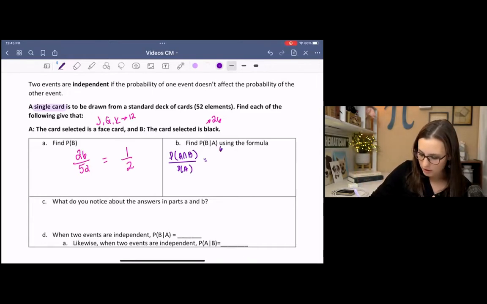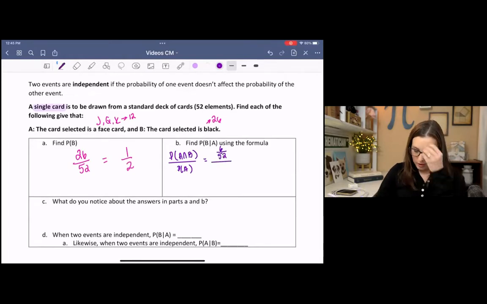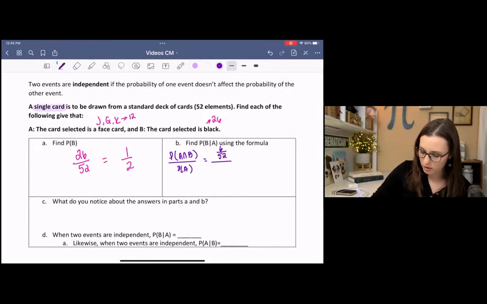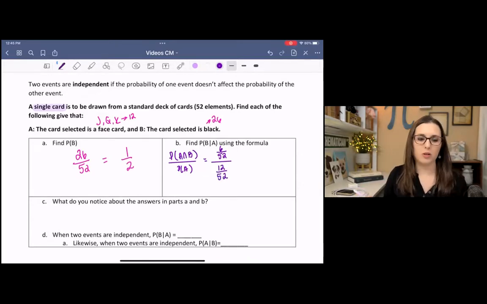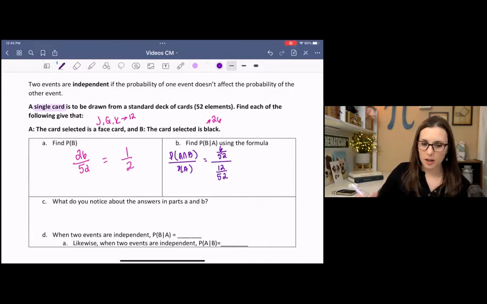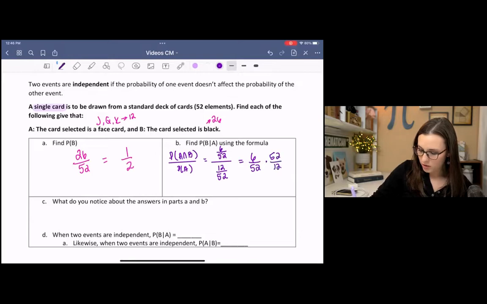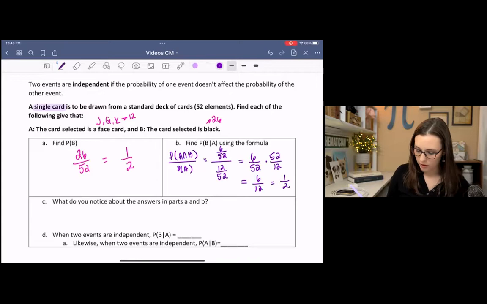So 6 out of 52. And then the probability of just a face card is 12 out of 52, because there's 12 face cards. And then we're going to simplify that. We get 6 over 12, which is 1/2.